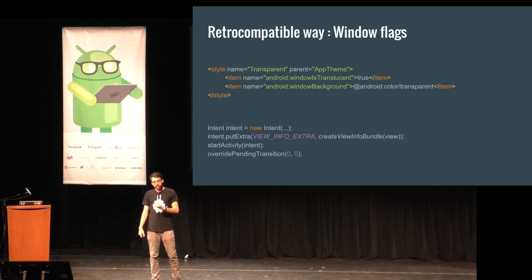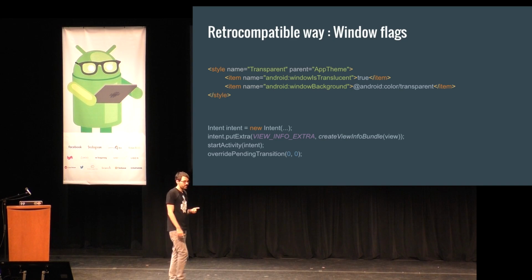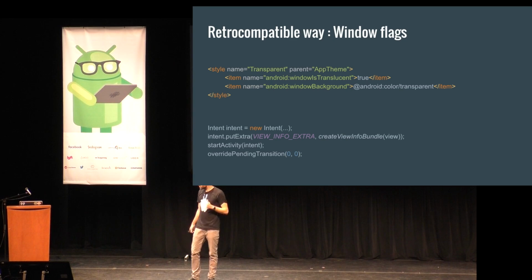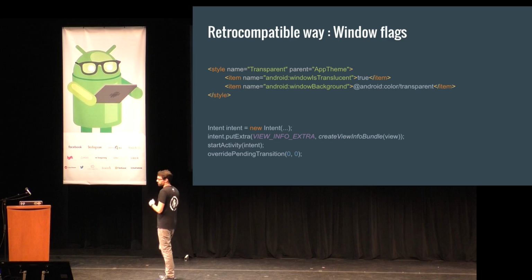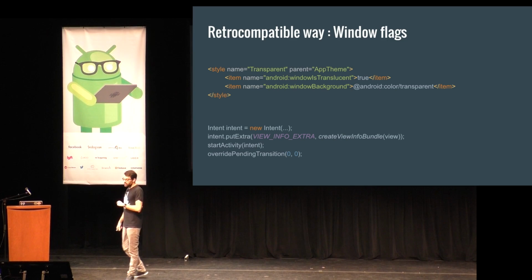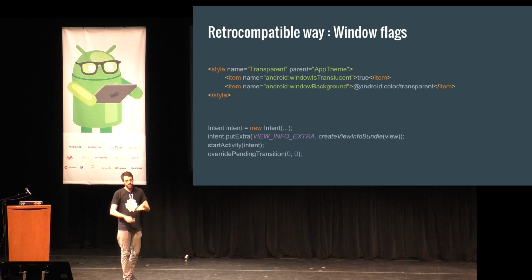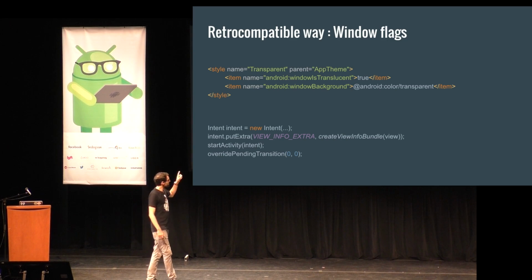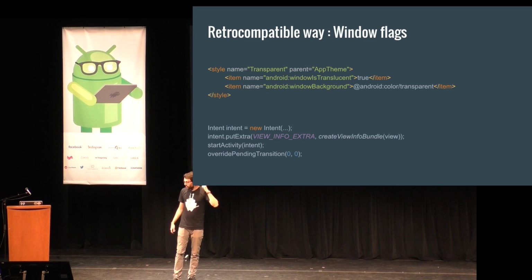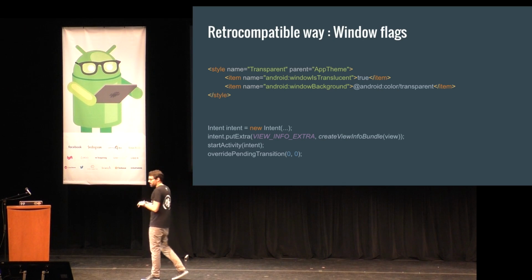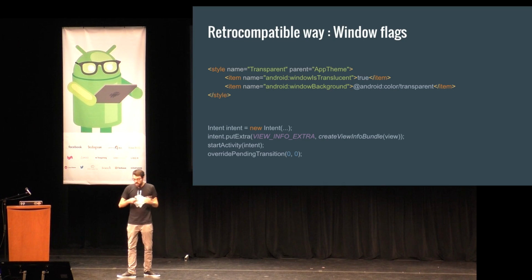And that's all controlled via one little flag in your theme. It's called windowIsTranslucent, and you set that to true. If you don't set that to true, even if you set the window background to transparent, it won't be transparent. This is a really important point, and we'll come back to what the implications of that are.